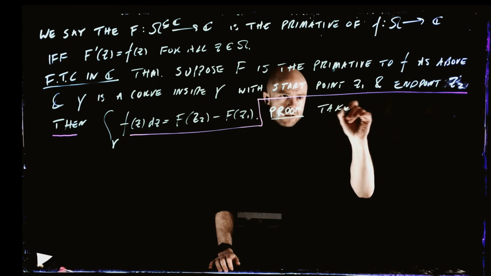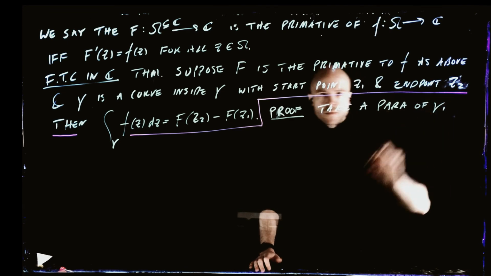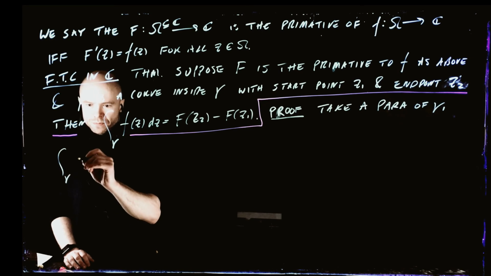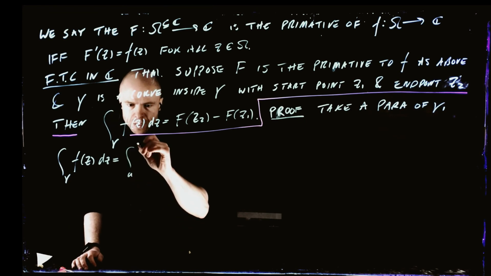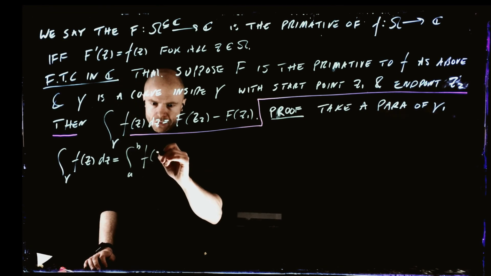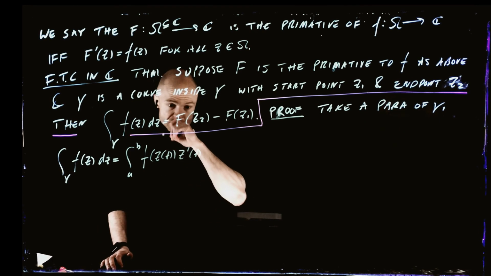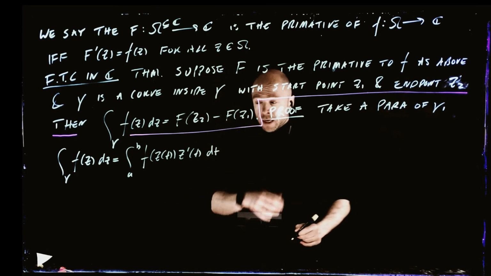Take a parametrization. Then, what does this mean? Then the integral over gamma of f of z dz is the integral from a to b of f of z of t times z prime of t dt. And what is this?